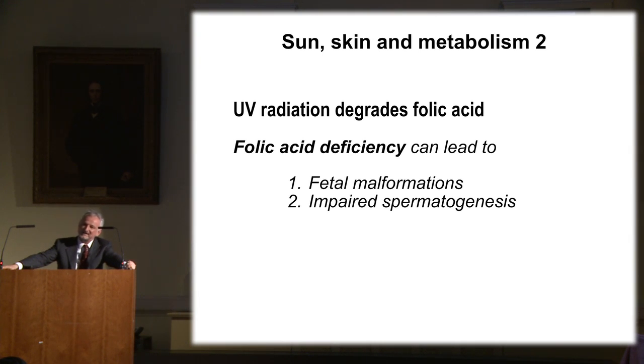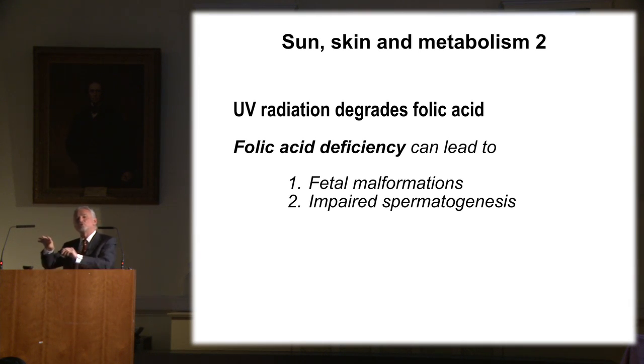And if you have a folic acid deficiency, you would have, as an adult, normally an anemia. But if you are pregnant, your baby might have malformations, and if you're a man, you might have an impaired spermatogenesis.